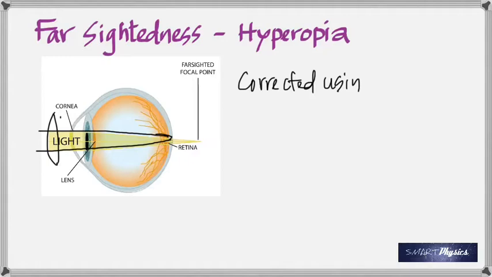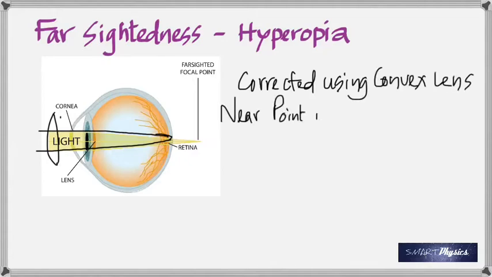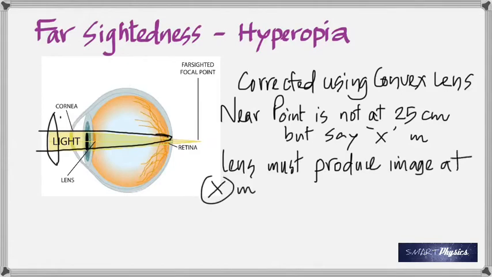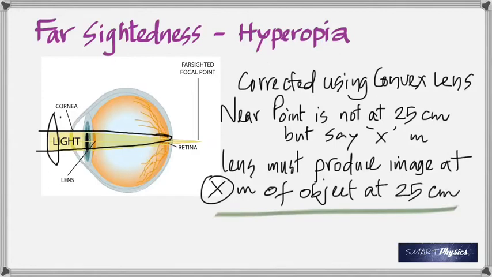And then because your eye can see anything beyond 75, it'll pick it up from there. So it's corrected using a convex lens. If the near point is not at 25 centimeters, but say it's at X, then you want the lens to produce an image at X of an object at 25 centimeters.